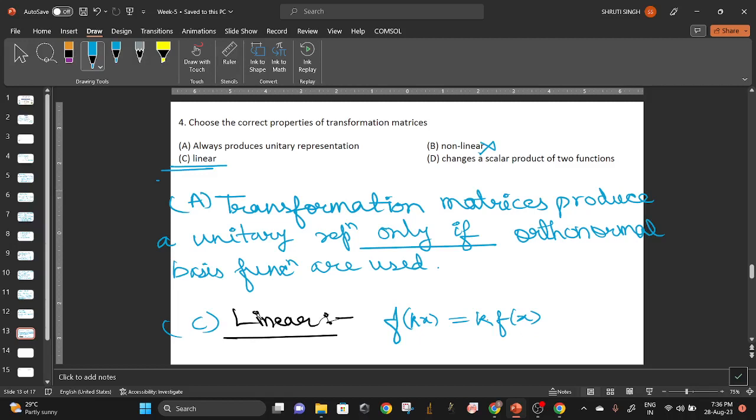Yes, ma'am. So if you multiply the whole function by a scalar, a number, then the number can be taken out and multiplied individually. And also, if there are three functions, we can write one in terms of the other two.